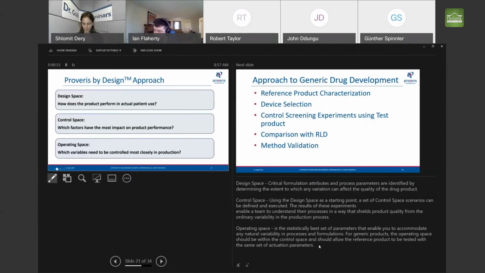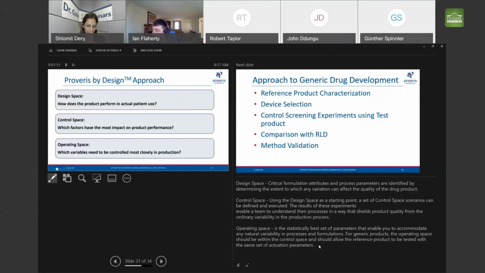Ultimately you arrive at the operating space, which is essentially the statistically best set of parameters that enable you to accommodate any natural variability in the process and the formulations.